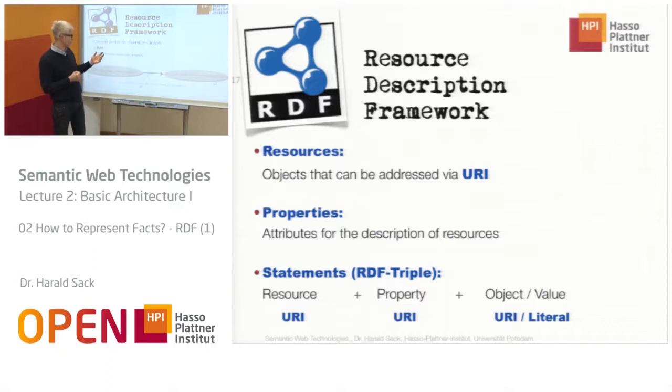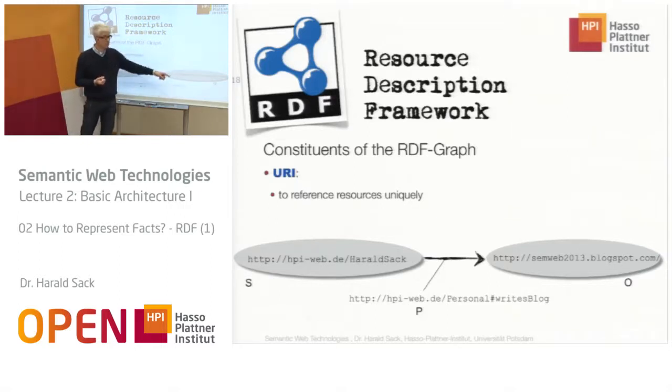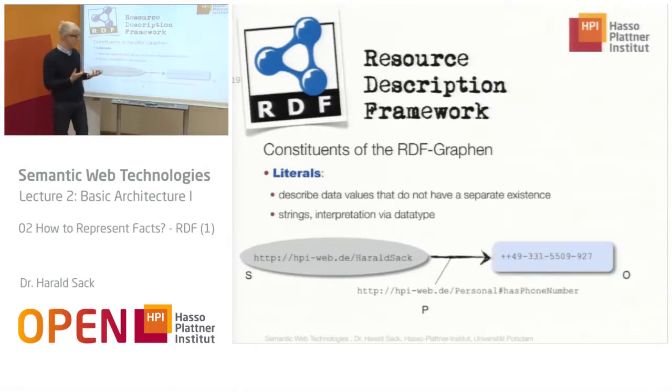So, this is a simple RDF graph that you can see here, and we try to state the fact that I am represented via a URI, that I am, for example, writing a blog. This is also a URI. And the blog that I'm writing is here a resource that also has an identifier on the web, a URI. Or if we come back to our first example, the telephone number itself has no URI. It's, let's say, a character string.